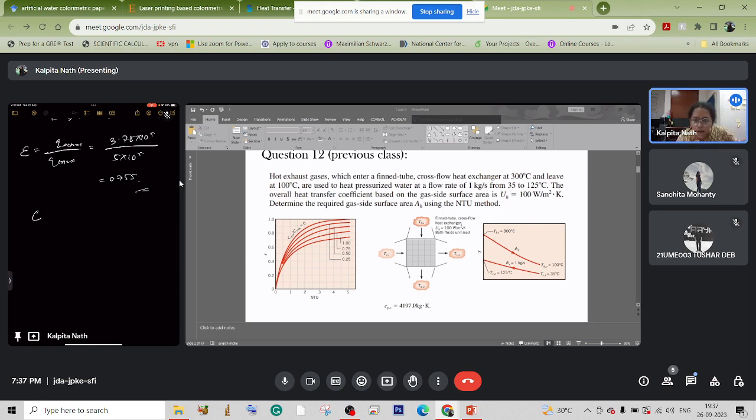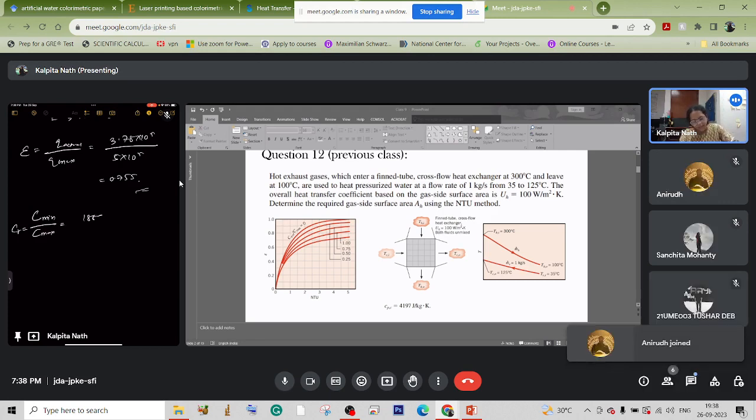So now we have been provided with the graph and we need NTU. The effectiveness was calculated, and another thing we need for calculating the NTU, the number of transfer units, is C min upon C max, the heat capacity ratio. We denote it as CR.